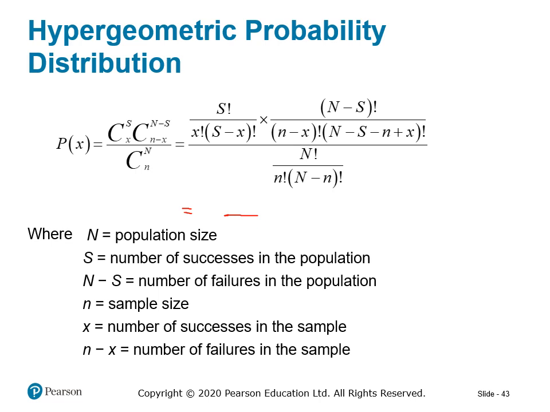In the next slide, we're going to have the following. S is equal to 4, so I'm going to have 4 factorial. Little x is equal to 2, so over 2 factorial. S is equal to 4, so I'm going to have 4 minus 2 factorial.